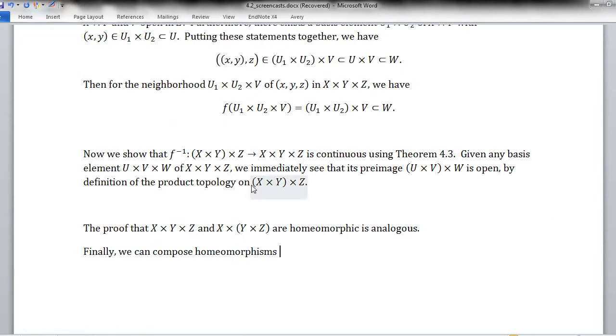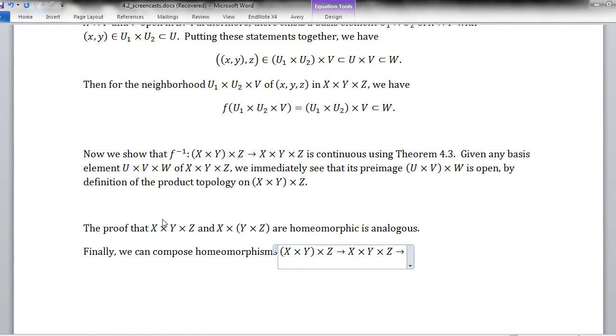Let's do some copy and paste here. We could go from, let's say, there to that one, which would be our F inverse from up here. Remember, if F is a homeomorphism, then F inverse certainly is too.